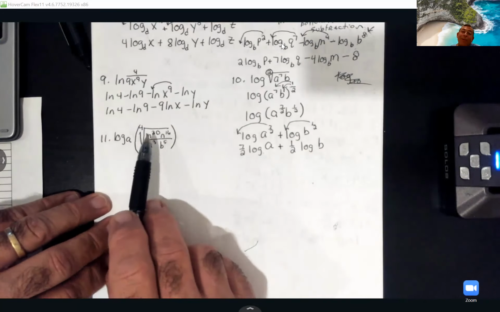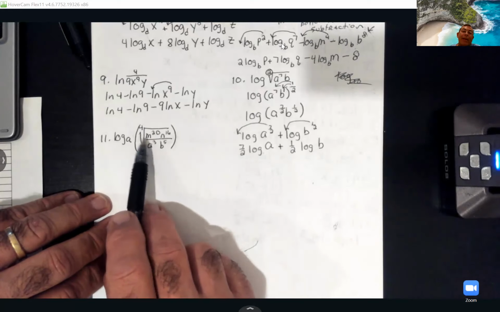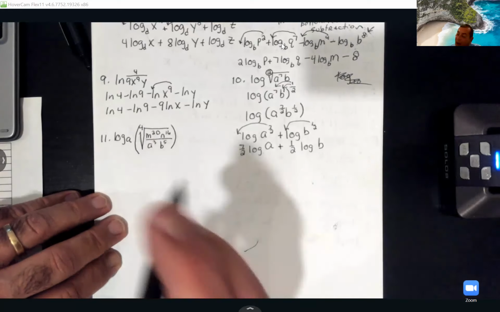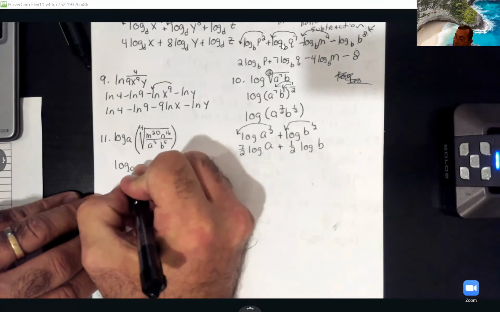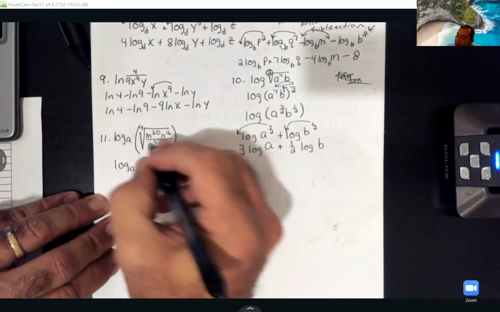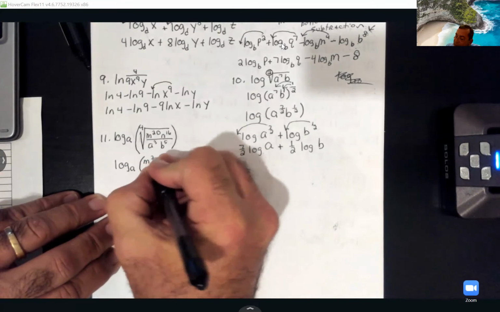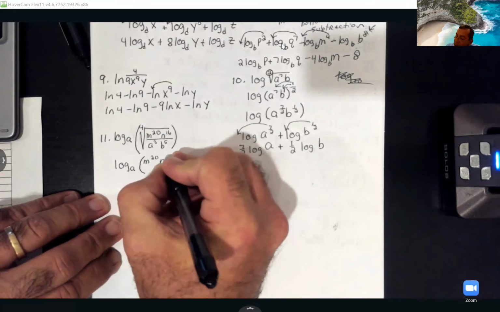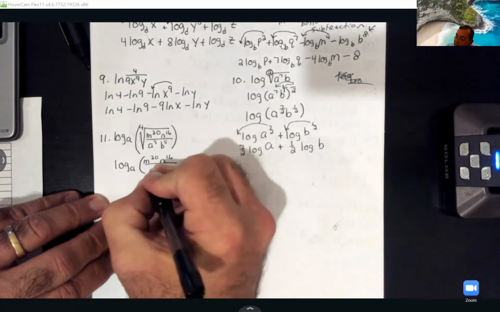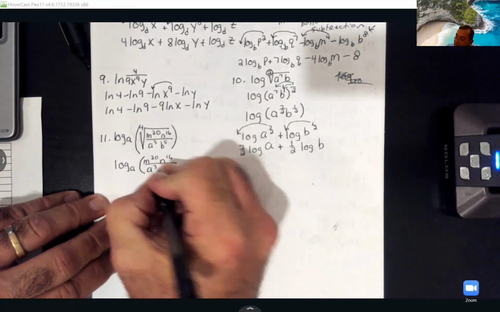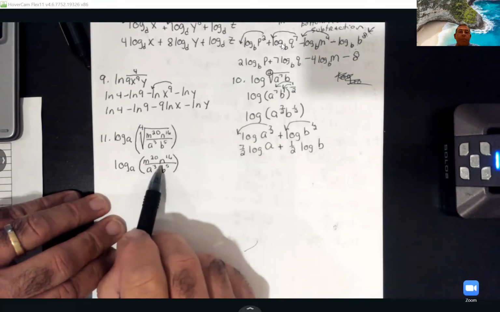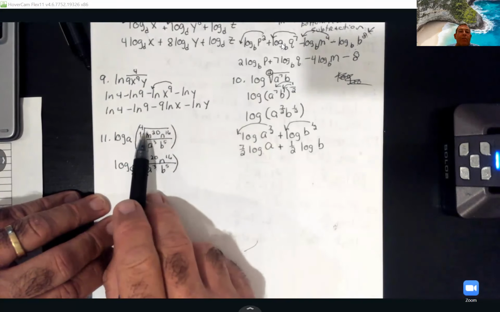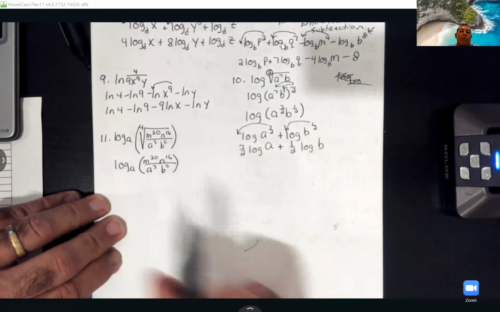So the first thing I would do to this is rewrite this radical as a fraction. So let's bring down our log A. Now I'm going to keep this stuff in parentheses still because it's all up under that radical. So keep it in parentheses, but what can I rewrite this 4th root as?